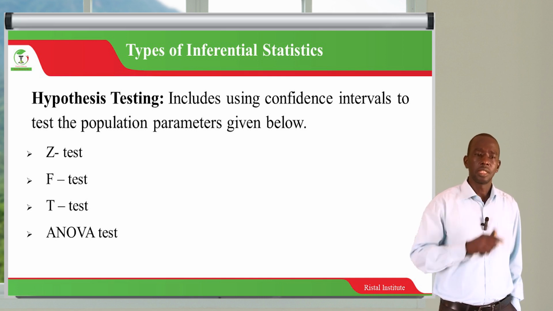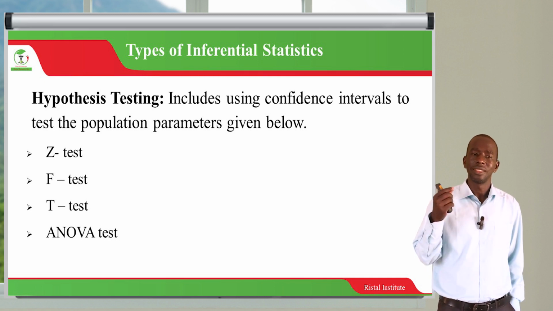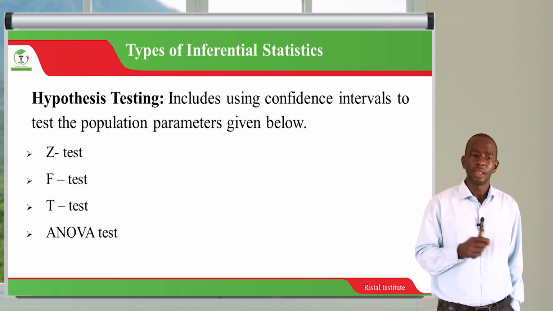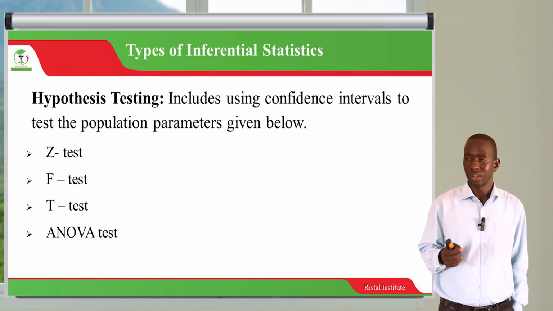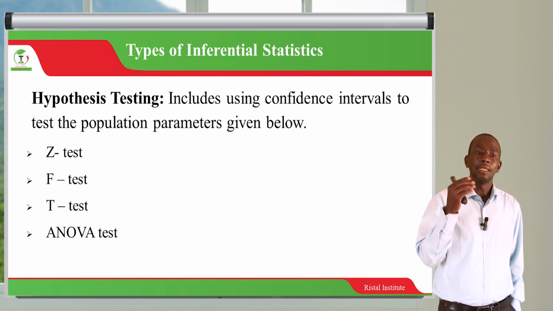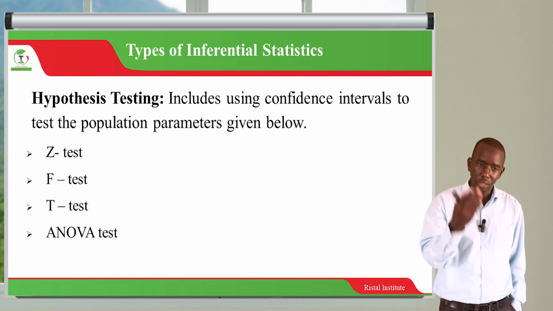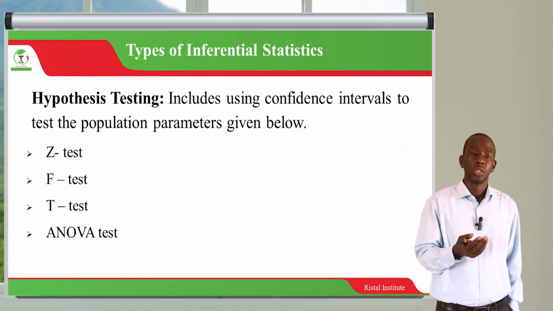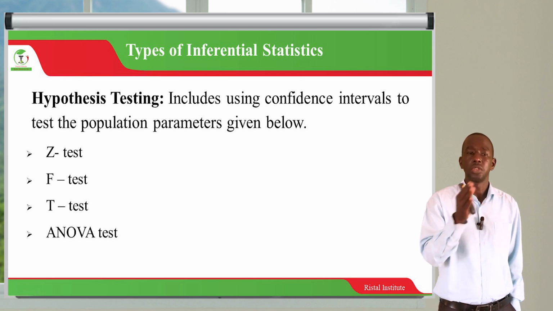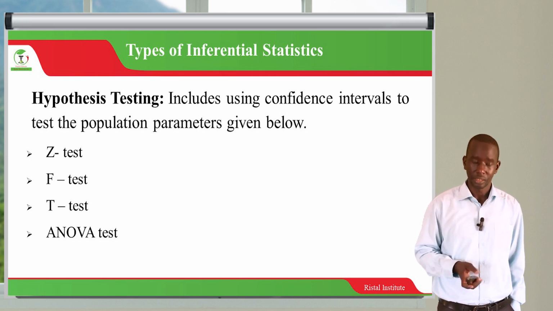So in using this, you can choose to use a Z-test, F-test, T-test, or ANOVA. I think later we'll discuss this in detail, but I'm giving you an overview. This is basically how you deal with the hypothesis test.